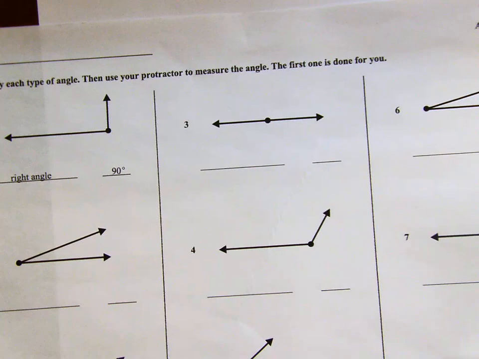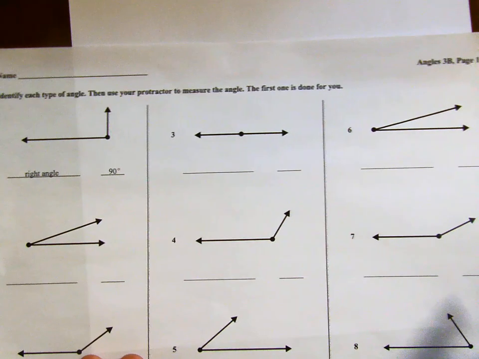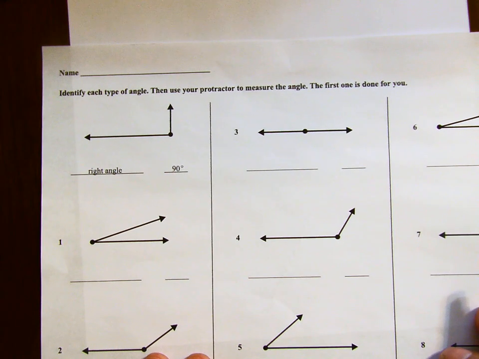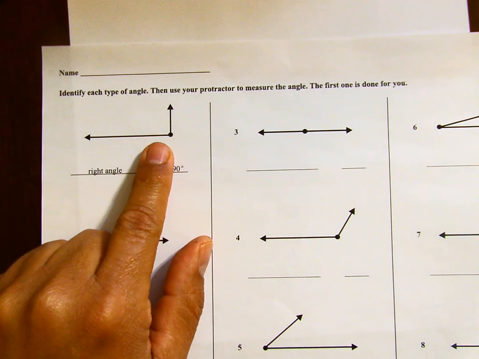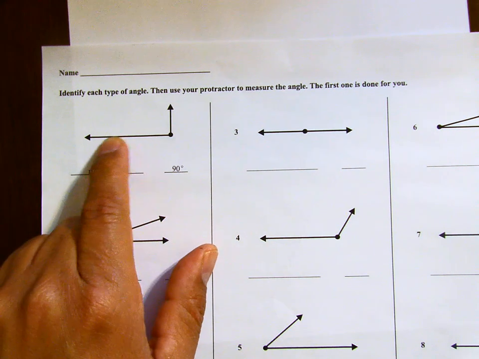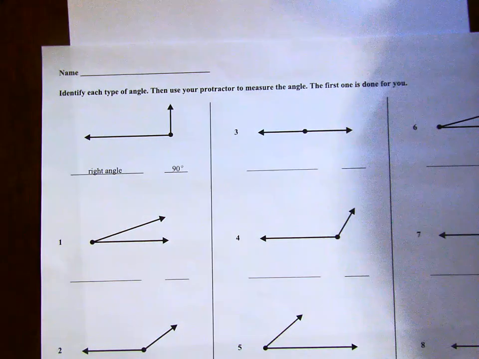All right, so now we're going to work on this assignment, Angles 3B, page 1. It says, identify each type of angle. Then use a protractor to measure the angle. The first one has been done for you. So we look at this angle, we can tell right away this is a right angle.